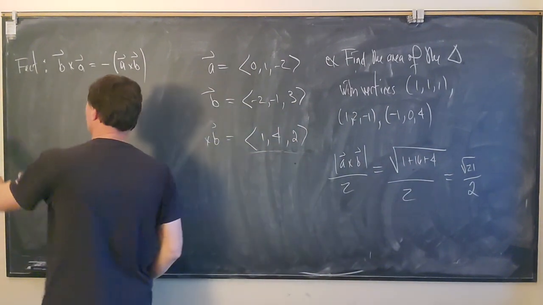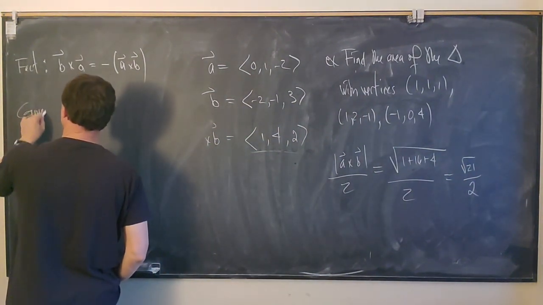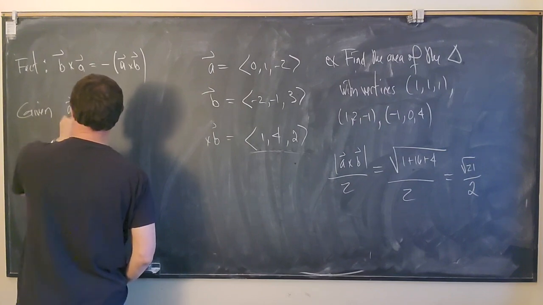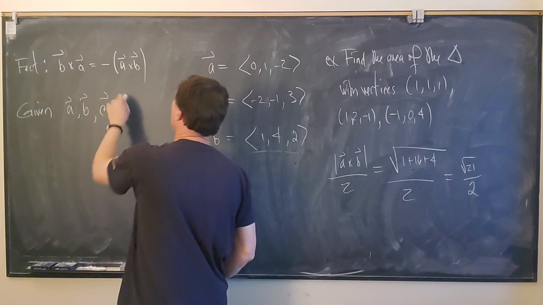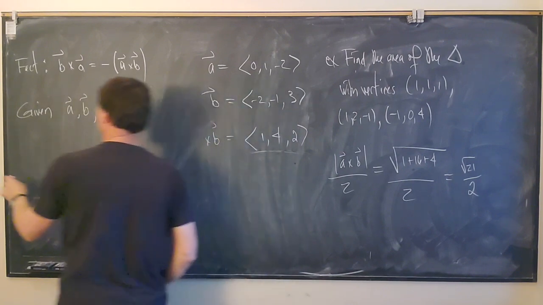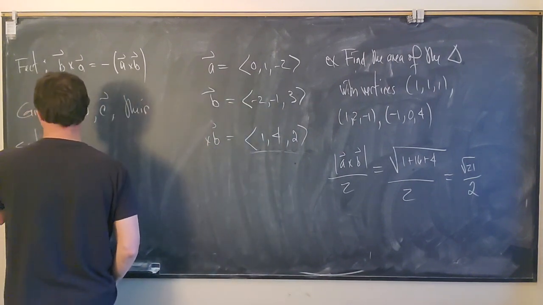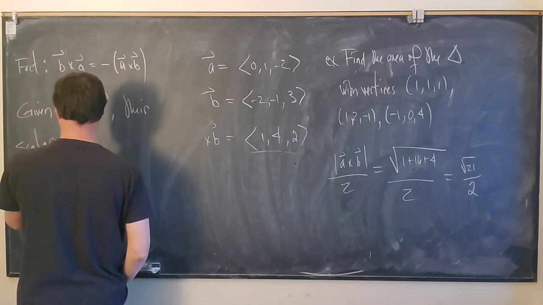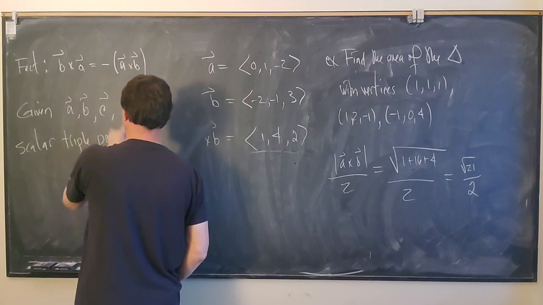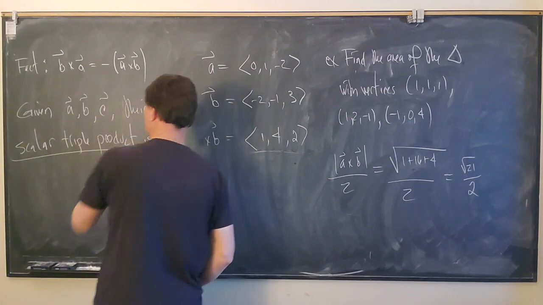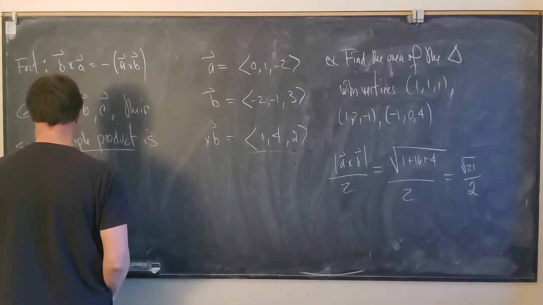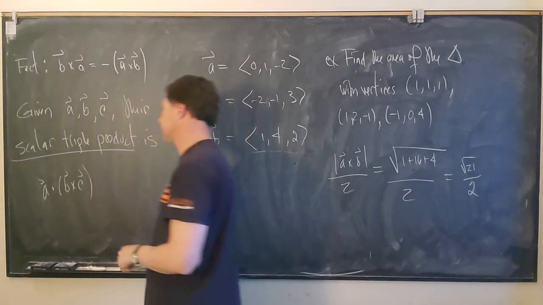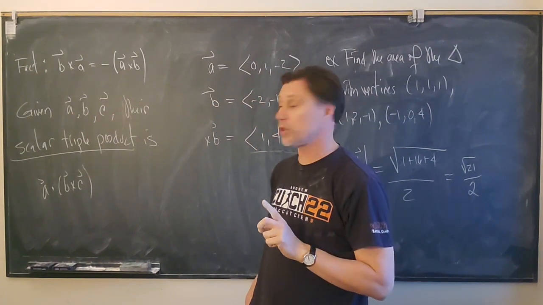And then one last thing. So given vectors A, B, and C, their scalar triple product is A dot B cross C. And it turns out it doesn't matter what order you do this in.